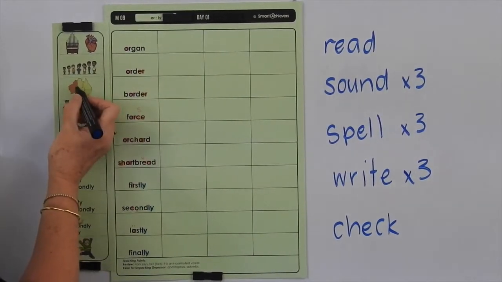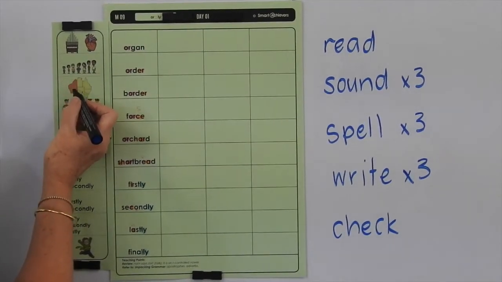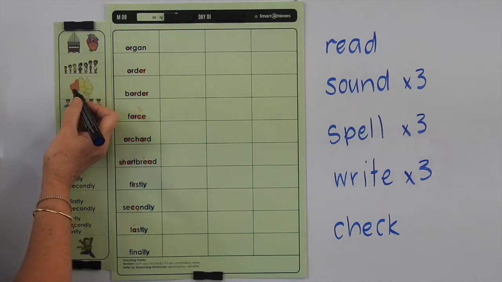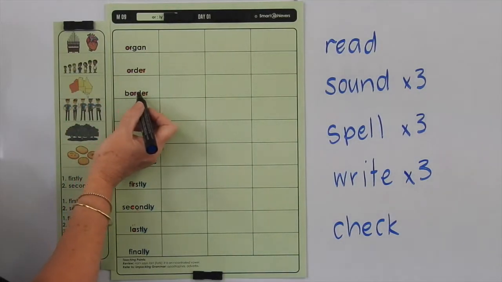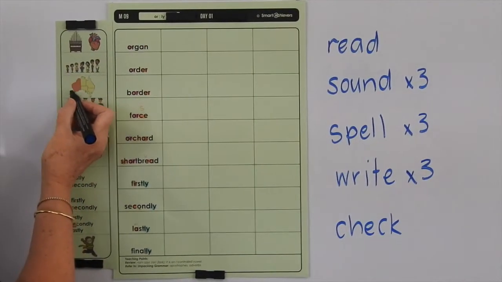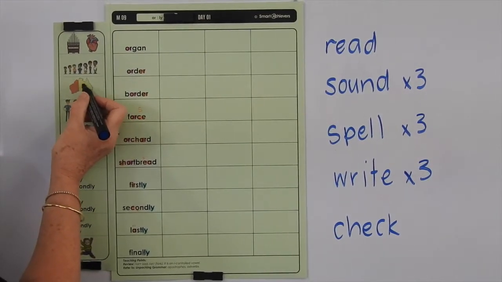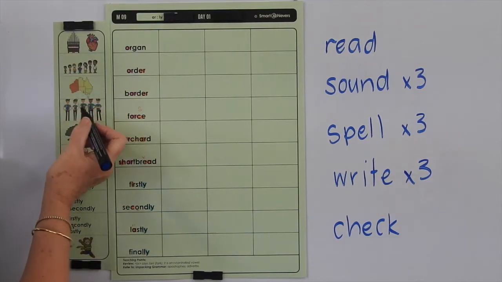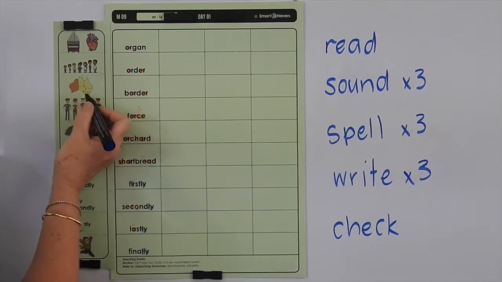A border is the edge of something, so you might plant some shrubs around the edge of your garden at home, so you have a border. Or we have a border between the states in Australia to show where one state ends and another state starts. So it's the edge of.